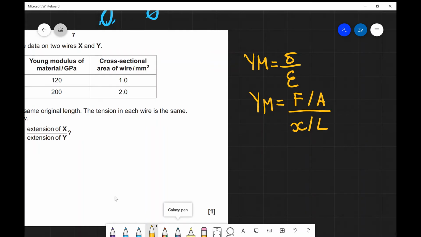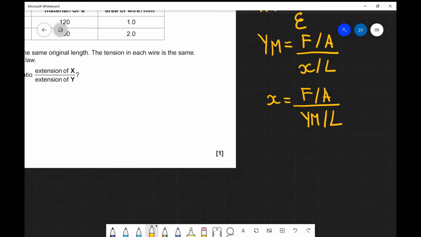So all I need to do really to rearrange for x is to swap the Young's modulus with x. So x is going to be F over A divided by Young's modulus divided by L. Okay, and I'm just going to simplify the algebra a little bit. So this will also be equal to F, and rather than having divided by A here on top, what you can algebraically do is just put that on the bottom.